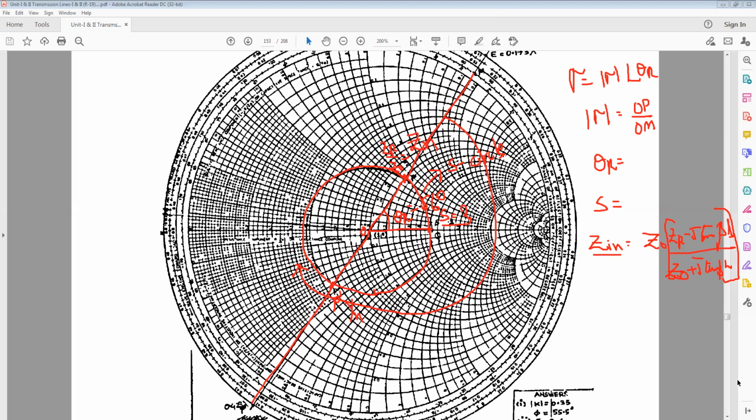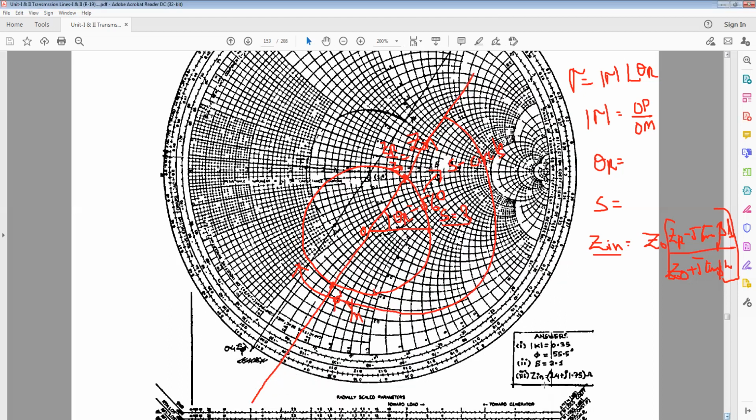Got it, my students? You see here, in this case the magnitude of K is 0.35, and phi is equal to 55.5, S is equal to 2.1, and Zin is equal to 24 plus j into 1.75 ohms. So these three we get by using this Smith chart. Okay, my dear students.